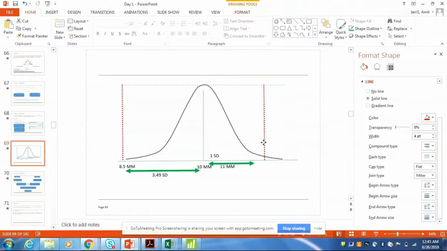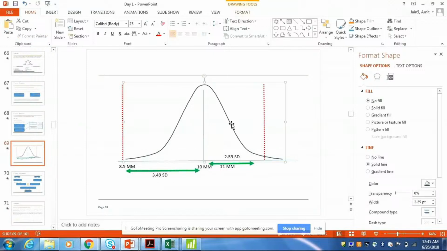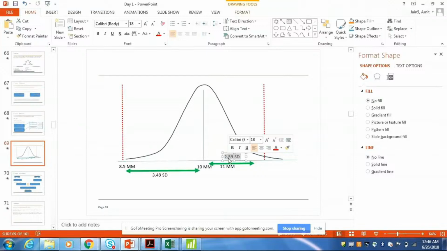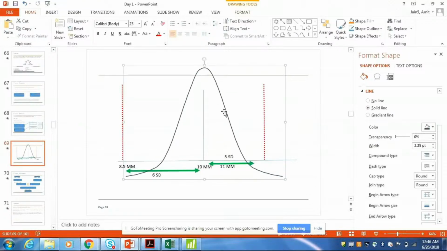ideally it should look something like this: 2.59 standard deviation. That makes sense, right? If the standard deviation increases on both sides, so let's say it increased to 5 here and to 6 here, it will become something like this.